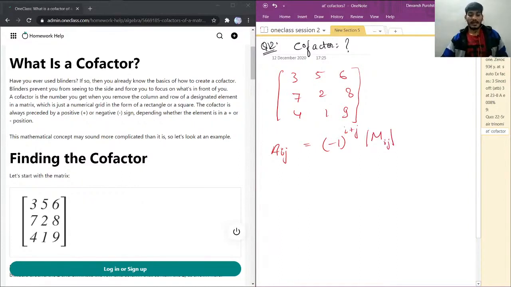So Aij is basically the cofactor. It can be calculated by this formula, which is negative 1 to the power i plus j and the minor of ij.